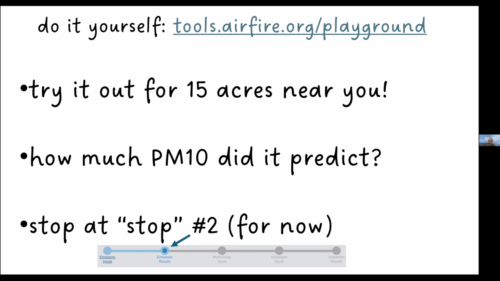I reached out to a few people in the BlueSky group, which is called the AirFire Research Team, a partnership between the University of Washington and the U.S. Forest Service's Pacific Northwest Research Station. Of course, they probably have team members with other affiliations as well.